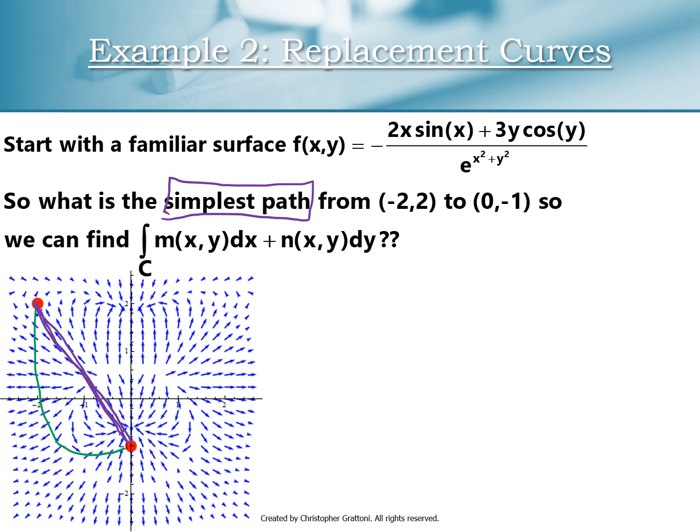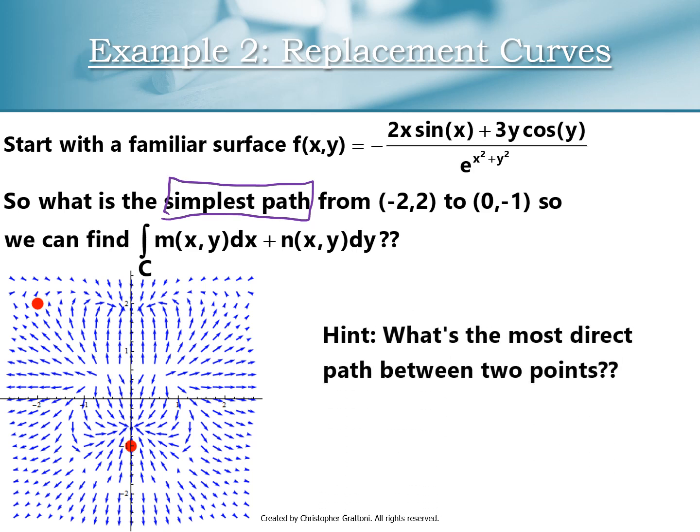So we can use path independence to come up with a replacement curve so that instead of having to integrate along a parabola, which can be quite difficult, or integrate along a spiral, which could be even more difficult, we could just replace both C1 and C2 with a much better option, which would be to parameterize a straight line connecting point A and point B.